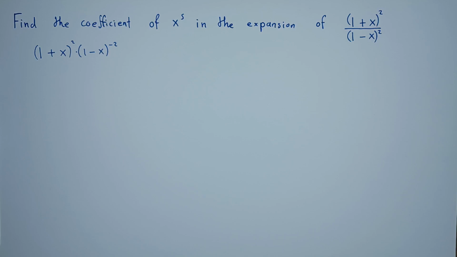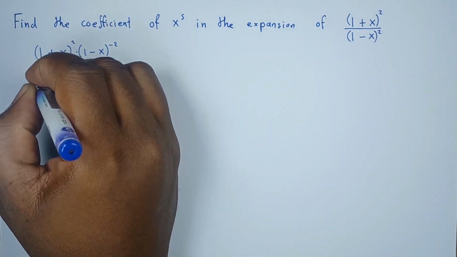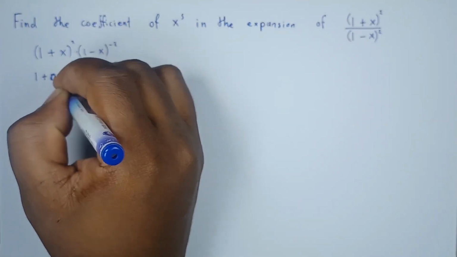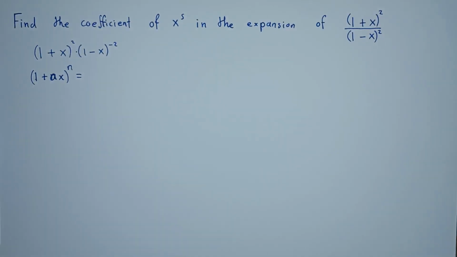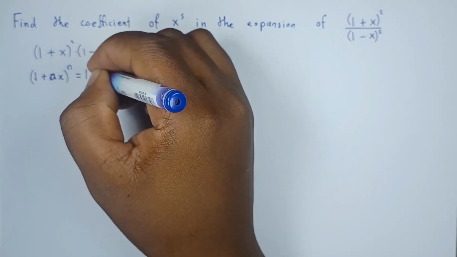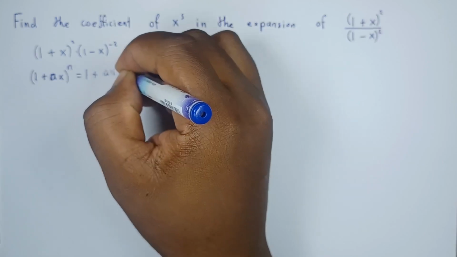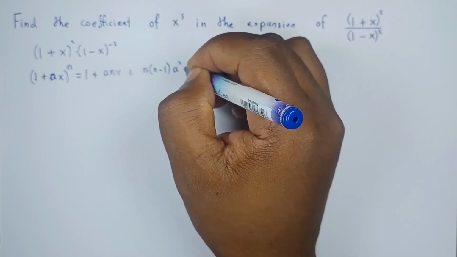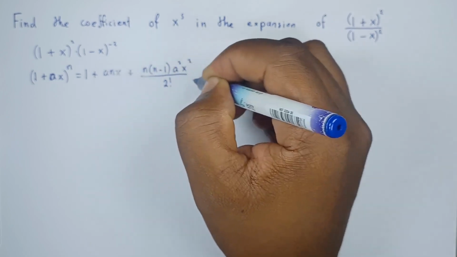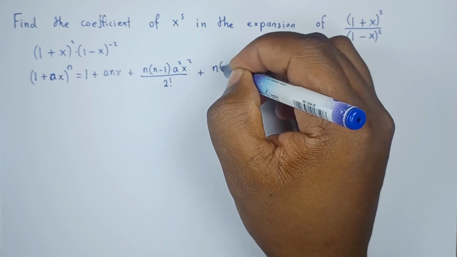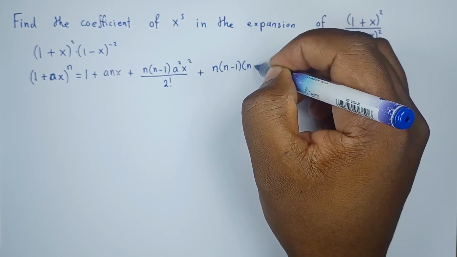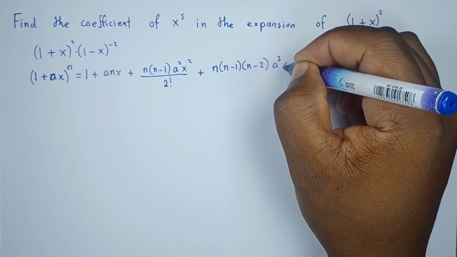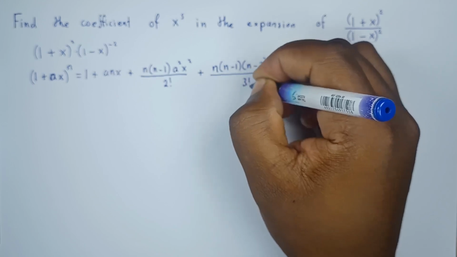Okay, so the formula we'll be using is, if you have, for example, (1 + ax) raised to the power n, the expansion for this can be given as 1 + anx + n(n - 1) a squared x squared, all this over 2 factorial, plus n(n - 1)(n - 2) a to the power 3 x to the power 3, all this over 3 factorial.